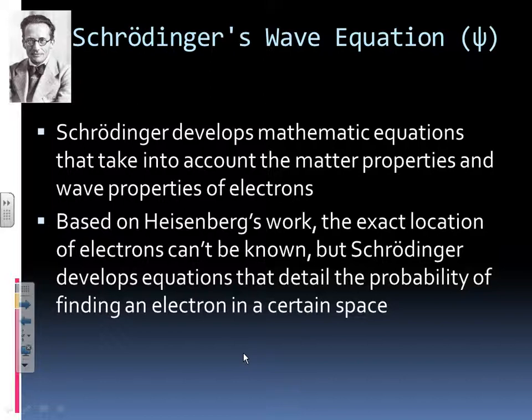I can't guarantee that the electron will be anywhere specifically, but I can give you a pretty good idea that I think it's going to be in a certain spot around the nucleus. And we refer to that as probability. Schrödinger's equations take the model of an atom from a picture representing the pieces parts to almost like a bar graph that represents probabilities. Okay?